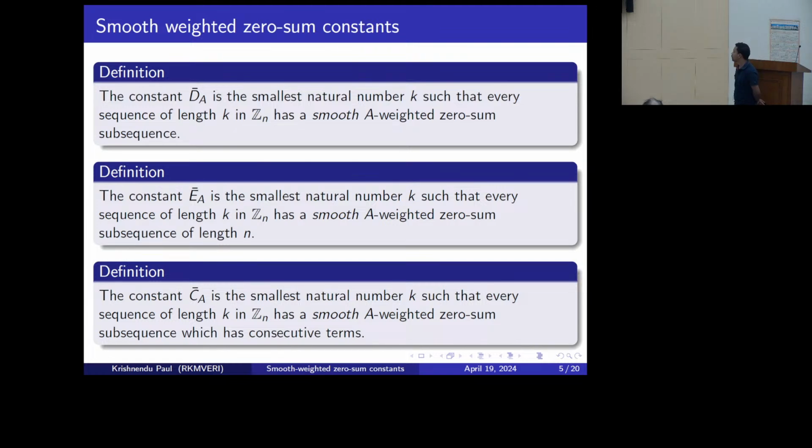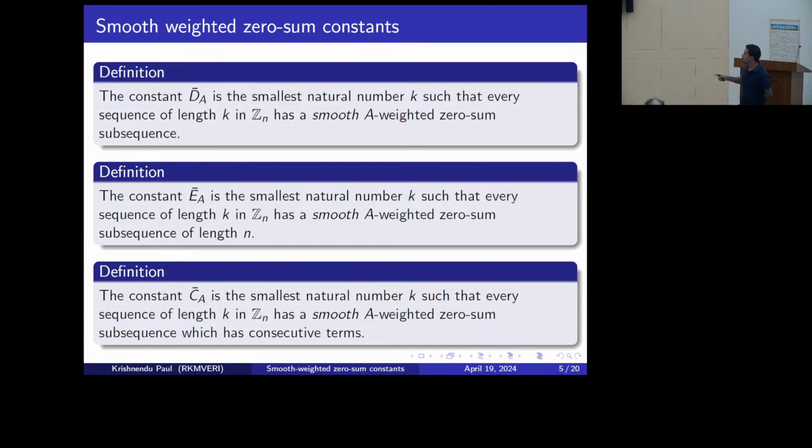Before that, from this definition one can easily get some relations between these smooth version constants. So the smooth Davenport constant is less than or equal to the smooth Gauss constant, because the Gauss constant demands a smooth zero sum subsequence of length n, but for the Davenport constant there is no restriction.